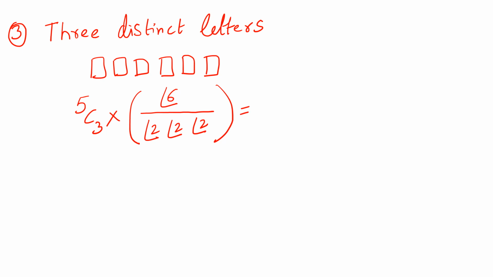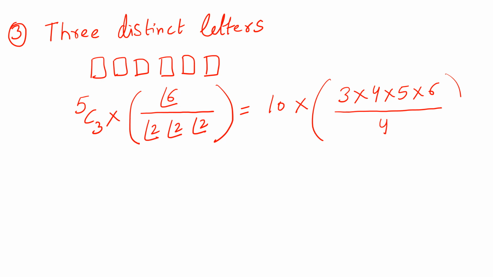So this becomes 5C3 is again 10 into, inside the bracket, now we have 3 into 4 into 5 into 6 divided upon factorial 2 into factorial 2, which is nothing but 4. So 4 gets cancelled up and down. It becomes 10 into 90, and this is 900.